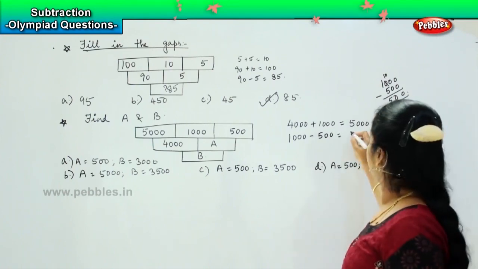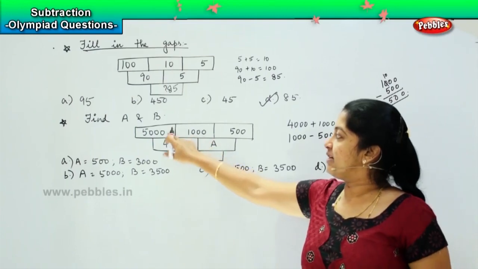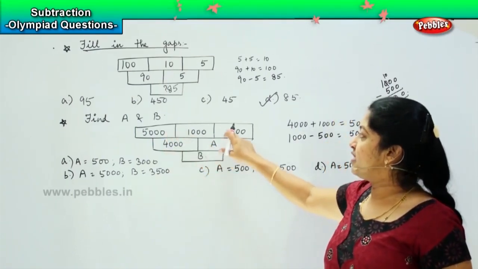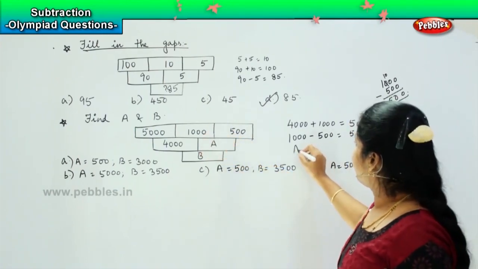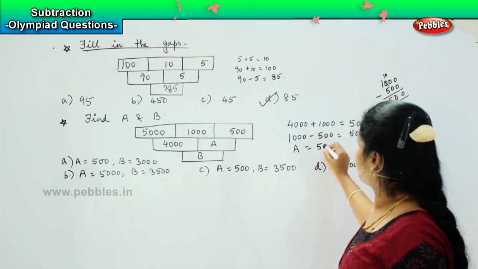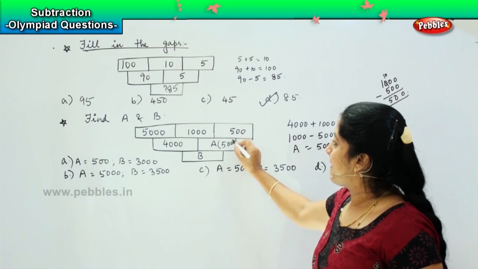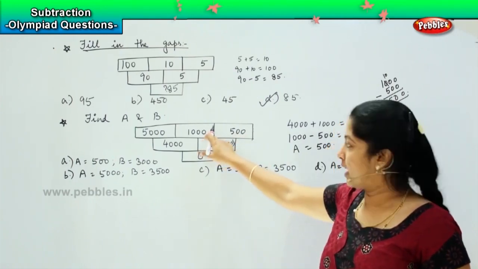So which means here it will be 500. As I said, if I add these two, it gives me an answer 5000. So similarly, if I add these two, it will give me an answer 1000. So which means the value of A is 500. If I add 500 plus 500, gives me an answer 1000.